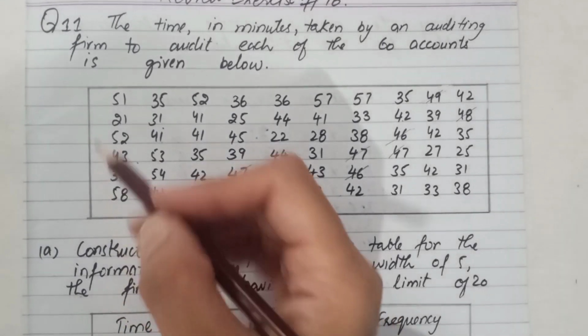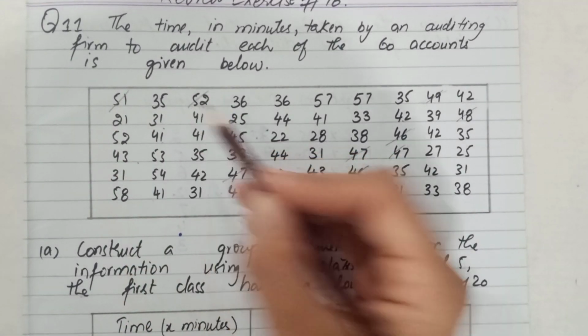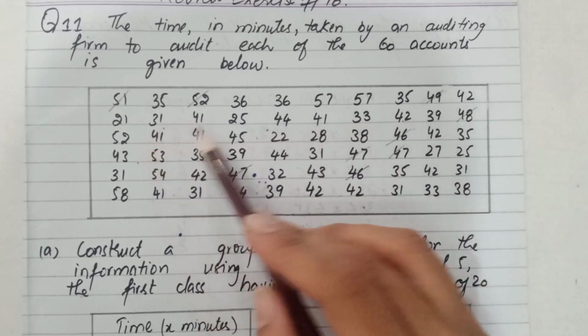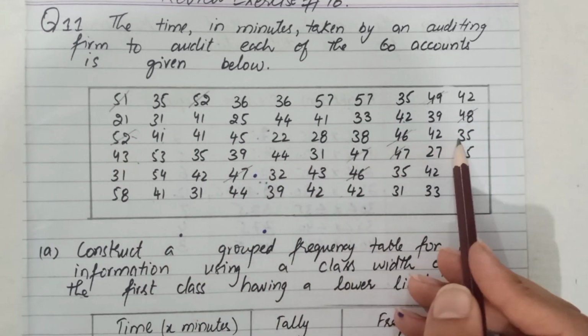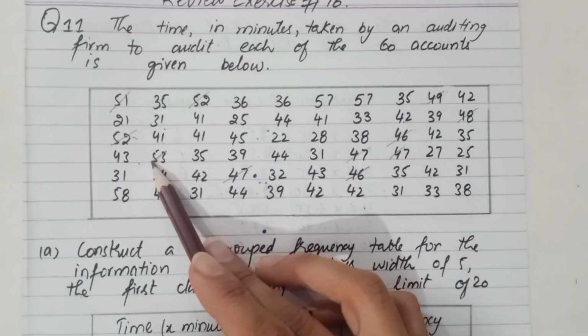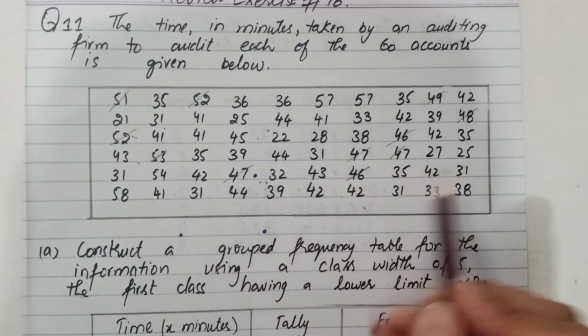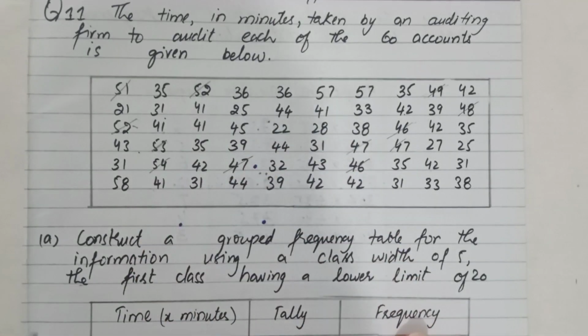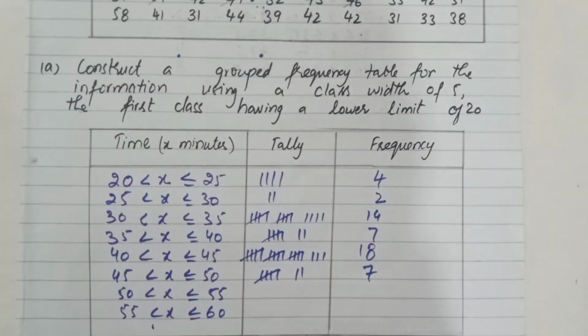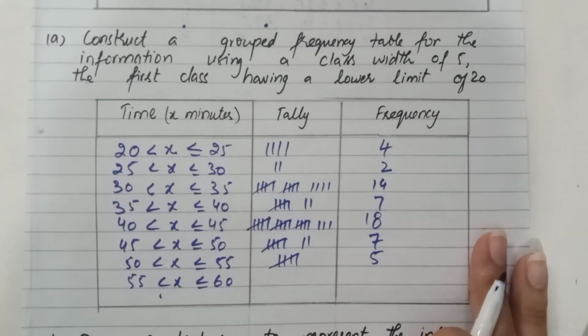From 50 to 55, 1, 2, 3, 4 and 5. These are 5 values.